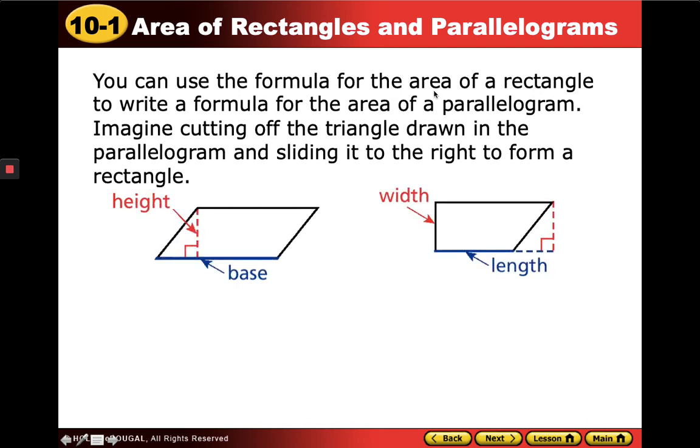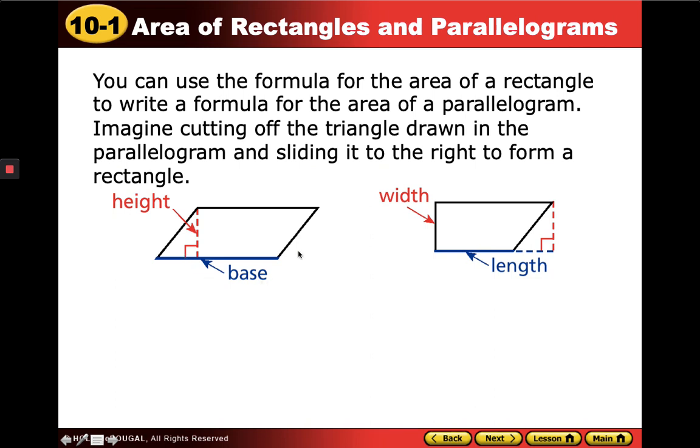You can use the formula for the area of a rectangle to write a formula for the area of a parallelogram. Imagine cutting off this little triangle piece of this parallelogram and sliding it over here, and it ends up making a rectangle. So you just have to take this base right here and multiply it by the height. You might be like, well, we're cutting part of that base up.